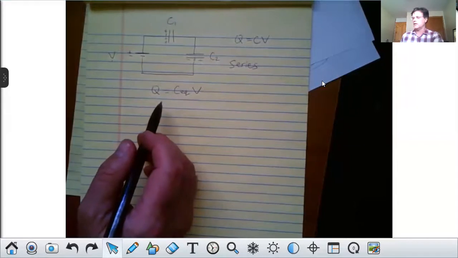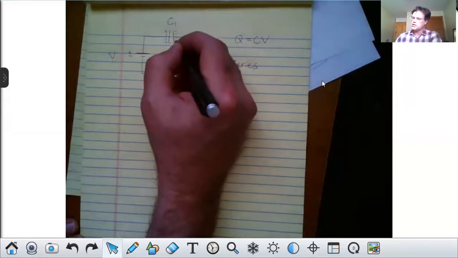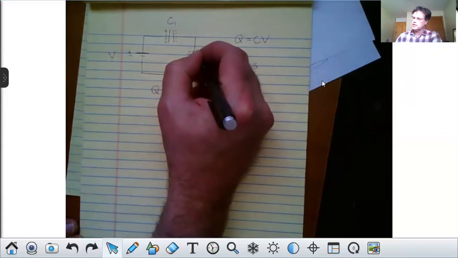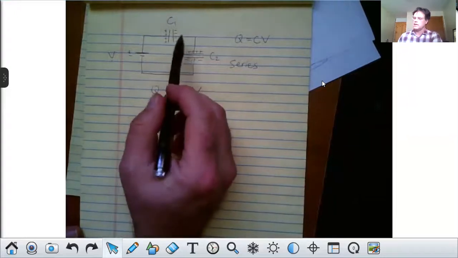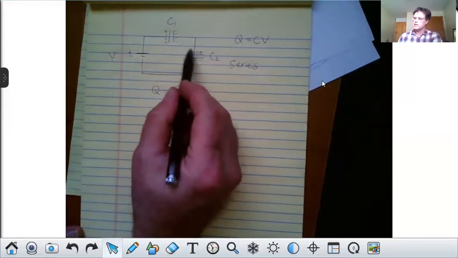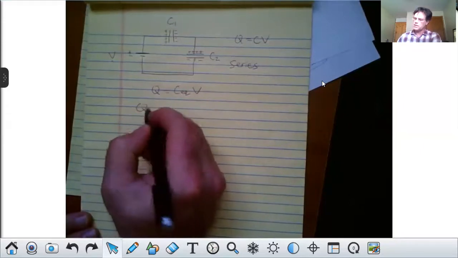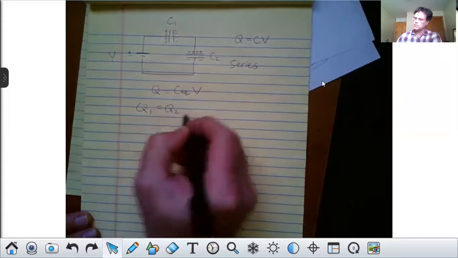One thing to first realize is that the charge on each capacitor must be the same, right? I've got the same amount of charge here as I do here. Otherwise, there would be currents flowing once I got them all charged up. Once they get totally charged, current stops flowing, and we may talk about that in another video lecture from the next chapter. The main point is to realize Q1 equals Q2.